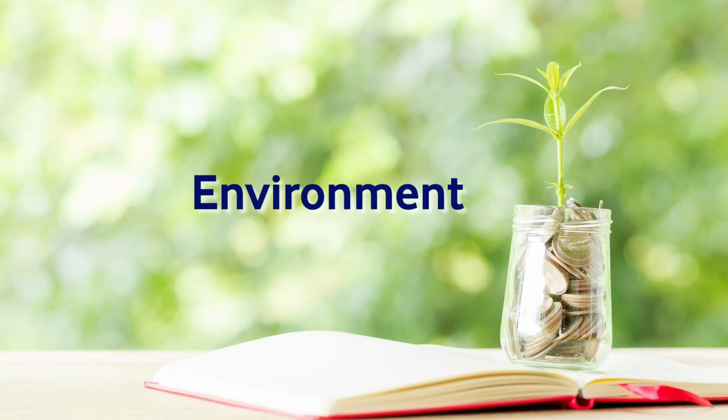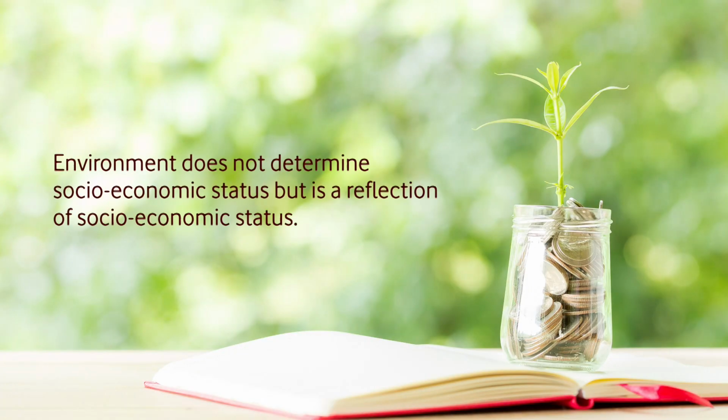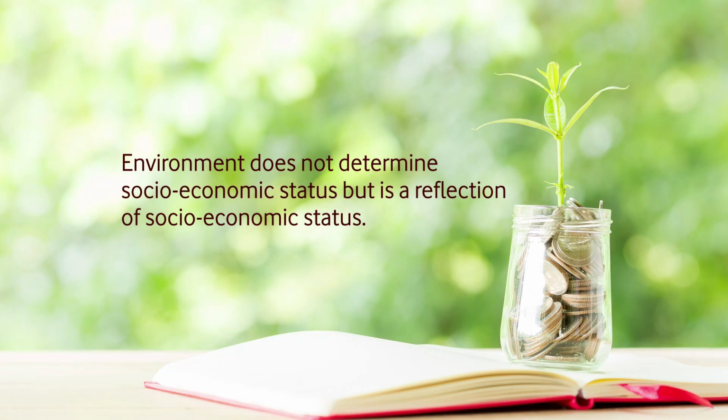Environment is something which is very important. We have discussed that it does not determine the socio-economic status, but it is a reflection of socio-economic status. The state of the environment, the state of the air, water, forest tells much more about the socio-economic status of the people.